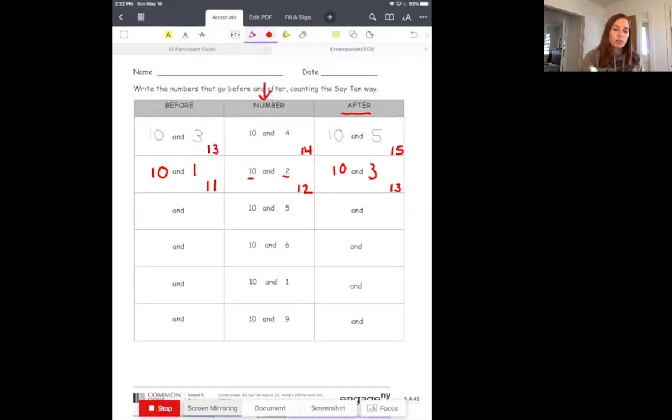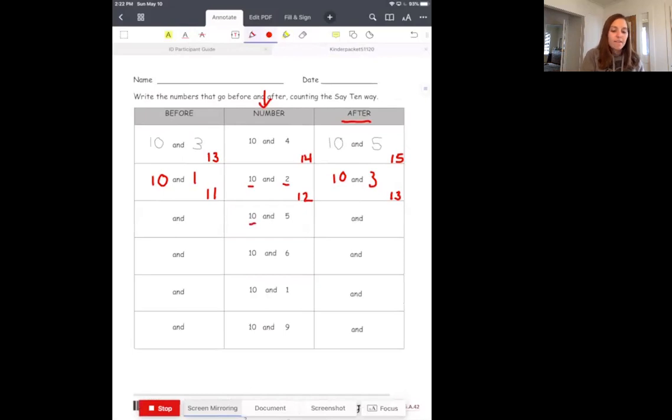The next middle one says 10 and 5. I'm going to write that number. One group of 10 and 5 ones. Ooh, the number 15. What number comes before 15? Think in your head. Count backwards. 15, 14.